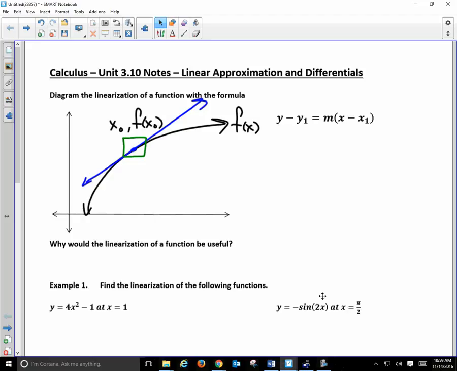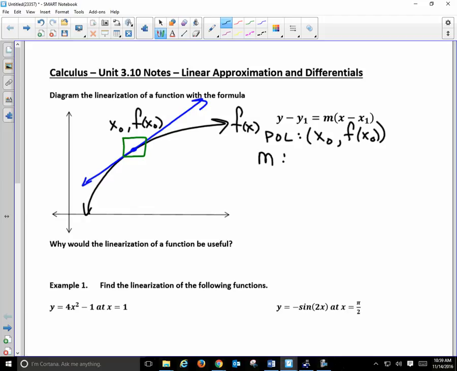And so what we learn is that the linear approximation, or the tangent line, can be a great approximation for the actual function value. So if we were to write an equation for the line, we need a point on the line, which in this case will be x sub 0 and f of x sub 0. And then we also need slope. Now, if you've learned anything at all this year, please tell me, what do you do to find slope? You take the derivative. So the derivative will be f prime of x sub 0.